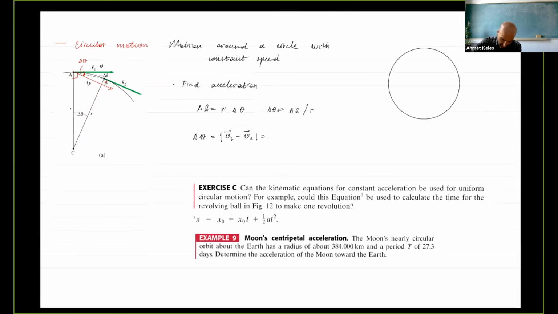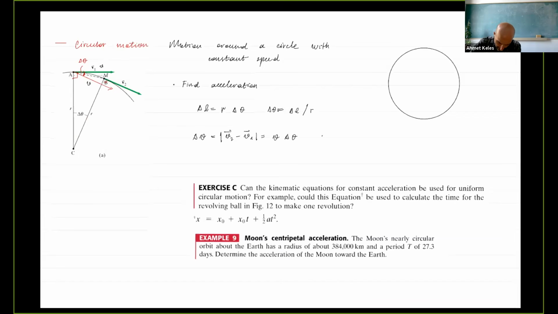Since these two triangles are similar, I can write: the radius R corresponds to this V, and here I had R times delta theta, which corresponds to this, since this angle is delta theta too. This should be V times delta theta.